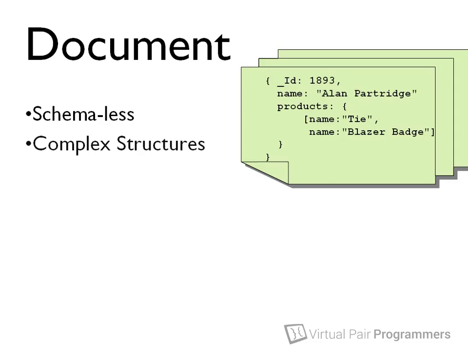In a document database, you can also store complex structures, and this makes it ideal for storing certain types of business data. For example, you have a customer, who might have a collection of accounts. Well, you could store the customer and the accounts as a single document.